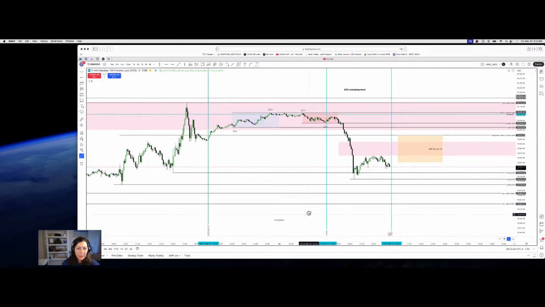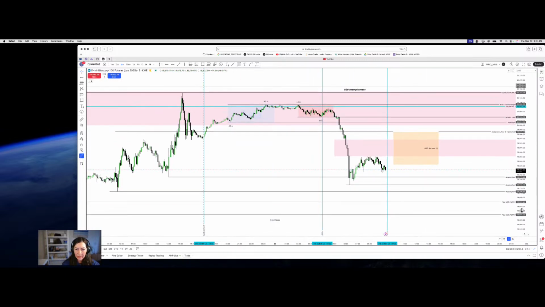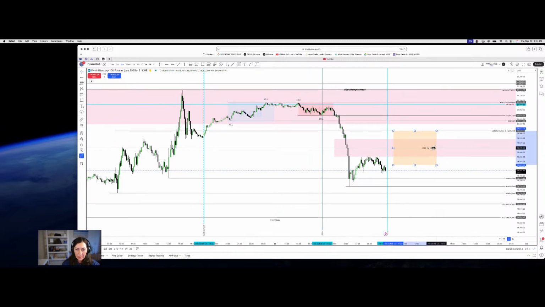Okay, it's 9:23. Here's our ORG. So we have a discount opening range gap because price is below the settlement price from yesterday.